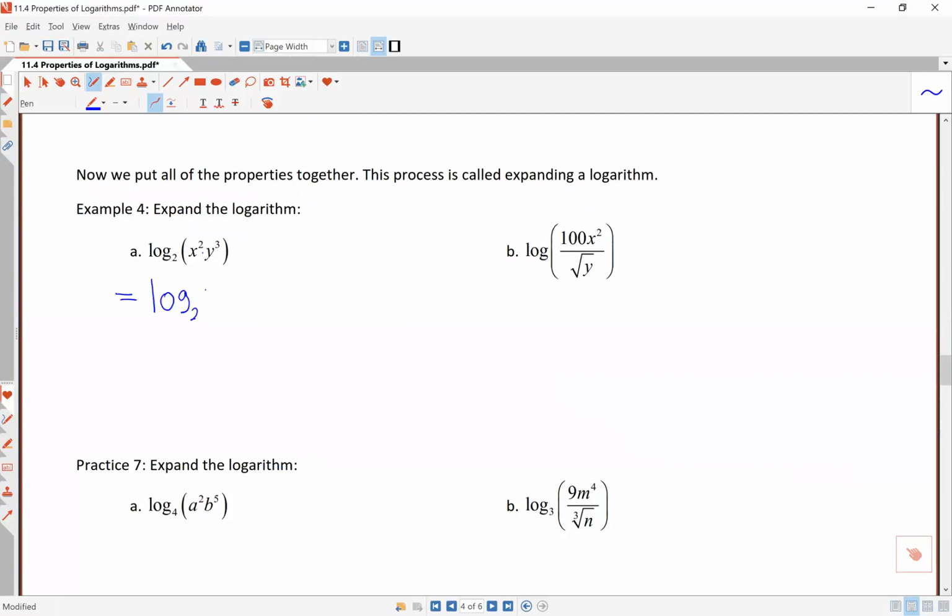That gives us log base 2 of x squared plus log base 2 of y cubed. Log of a product is the sum of the logs. Now we apply the last property we just learned, which is if there's an exponent, bring it down in front. There's your sums or differences of multiples of logarithms.